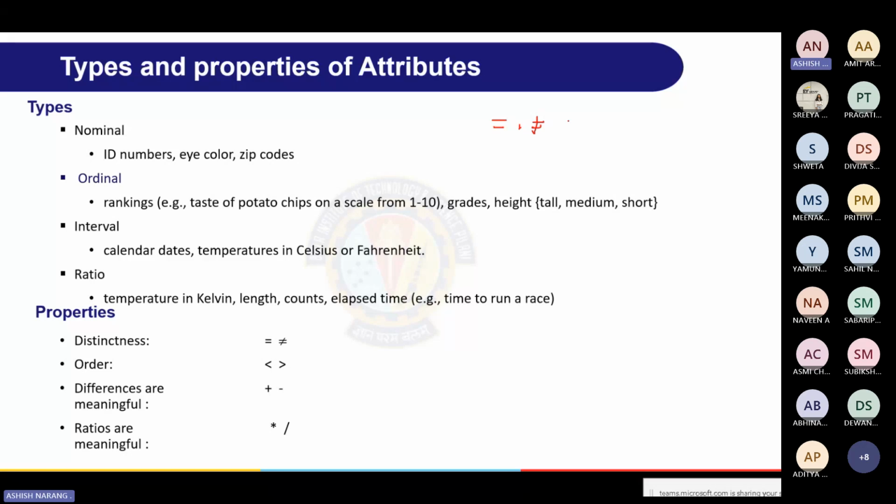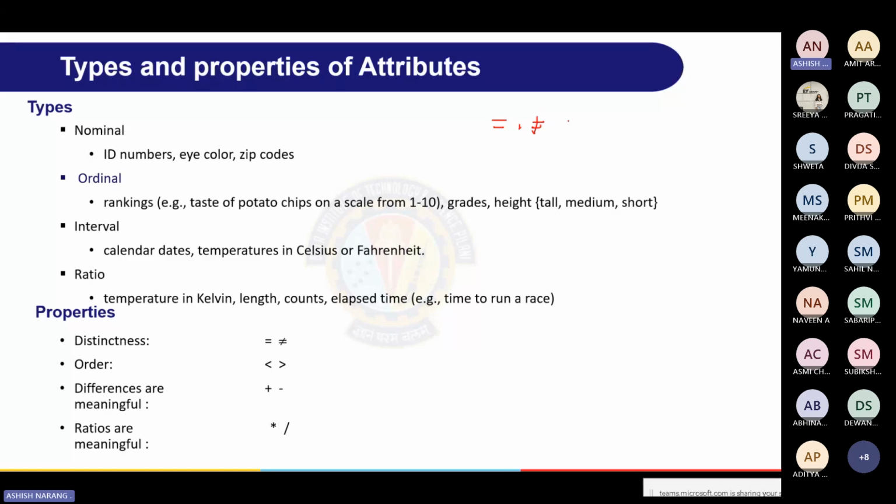Examples given are taste of potato chips on a scale from 1 to 10, grades, height. So these are all ordinal. So you can apply less than and greater than along with equal to, not equal to. But still you cannot apply addition and subtraction or multiplication or division with them.